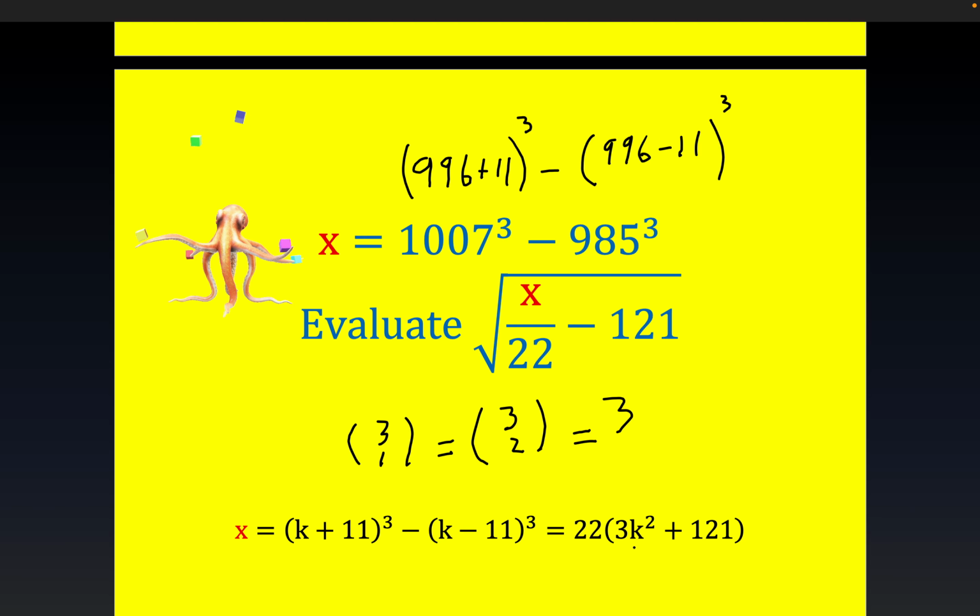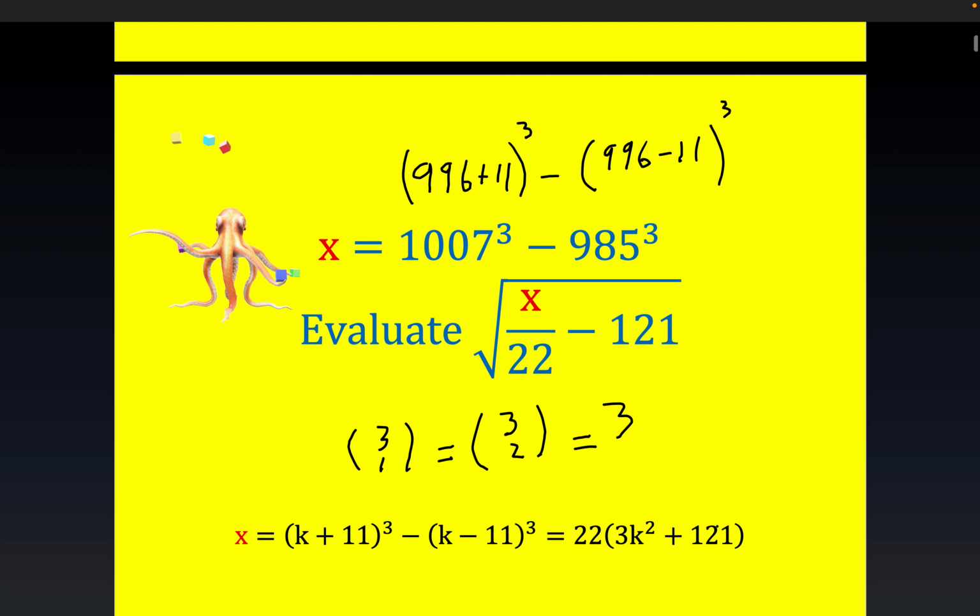And there are four terms, and two of the terms cancel, I believe. The k cubed term cancels, and then the second term in this series would be negative, canceling with the positive version over here. And so we end up with this.